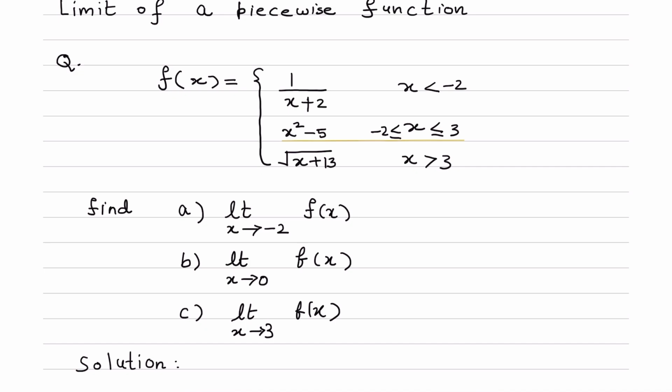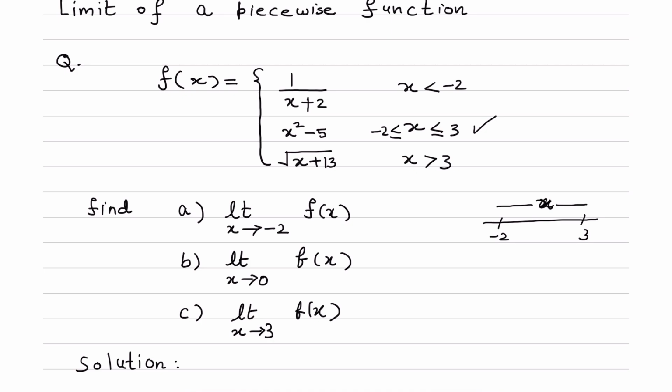So we will have to see which category 0 falls in. Is it the first one when x is less than -2, or is it the second case when x is greater or equal to -2 and less than or equal to 3? So look at the second case. This case is about all x's between -2 and 3.